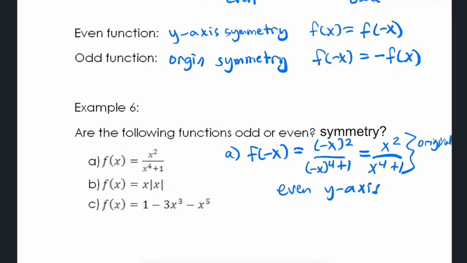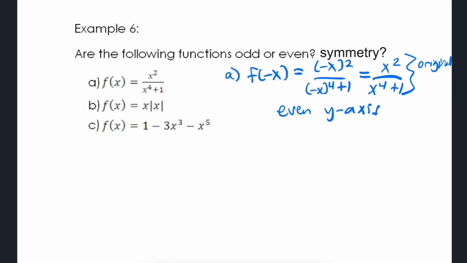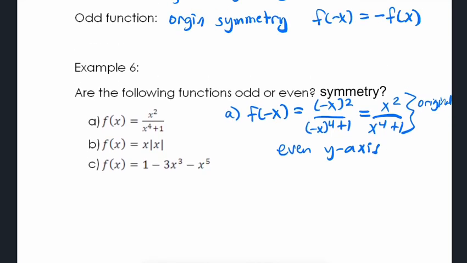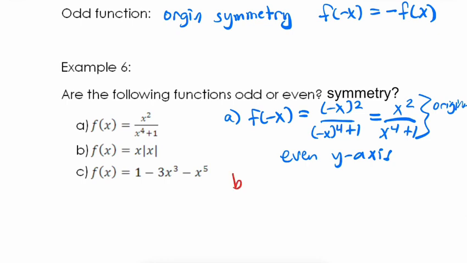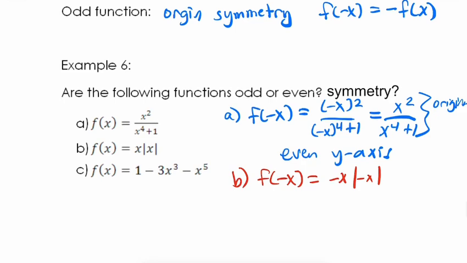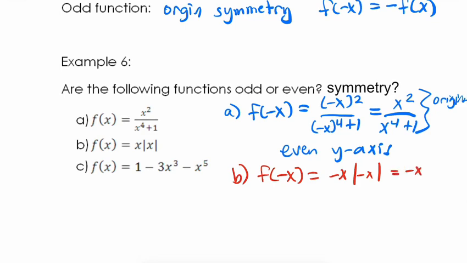Let's now do B. So again, we're going to stick negative x in for all of the x's. So we're going to get negative x times the absolute value of negative x. What does the absolute value of a negative do? It makes it positive. So we can rewrite this as negative x times the absolute value of x. That negative inside an absolute value doesn't do anything.